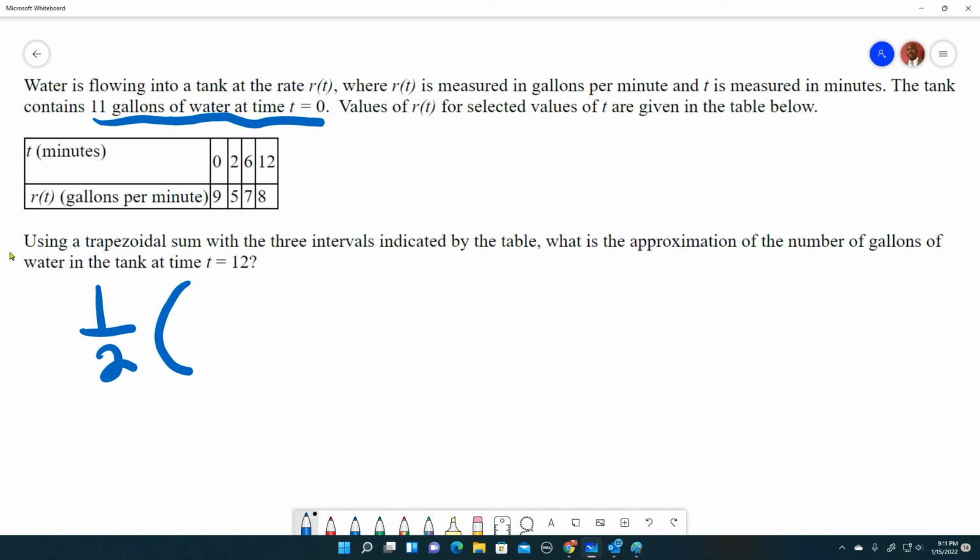So let's go ahead and start it off. Our first height is 2, so this will be 2 times 9 plus 5. Our next height is 4, so plus 4 times 5 plus 7.